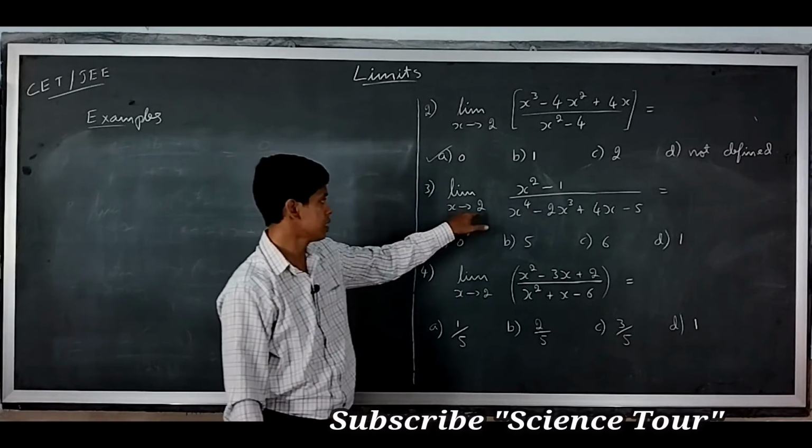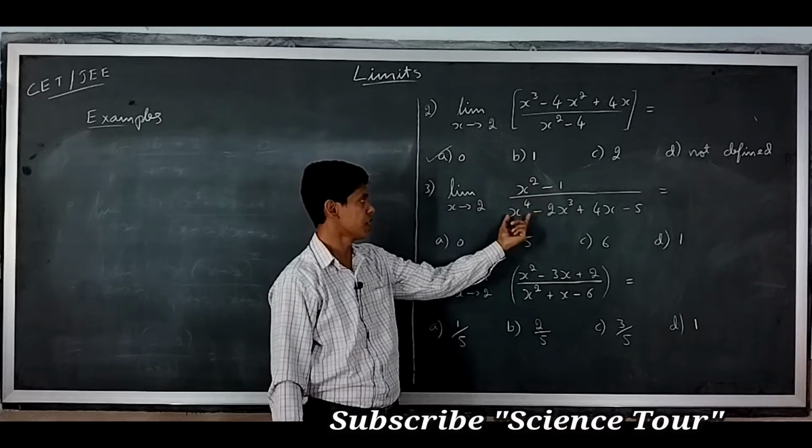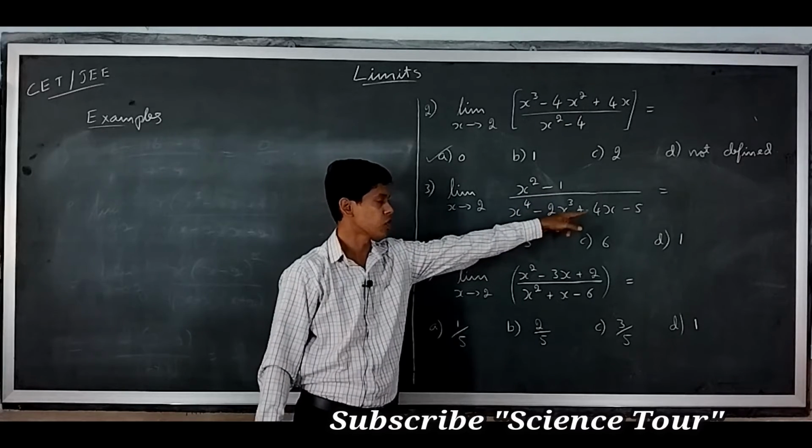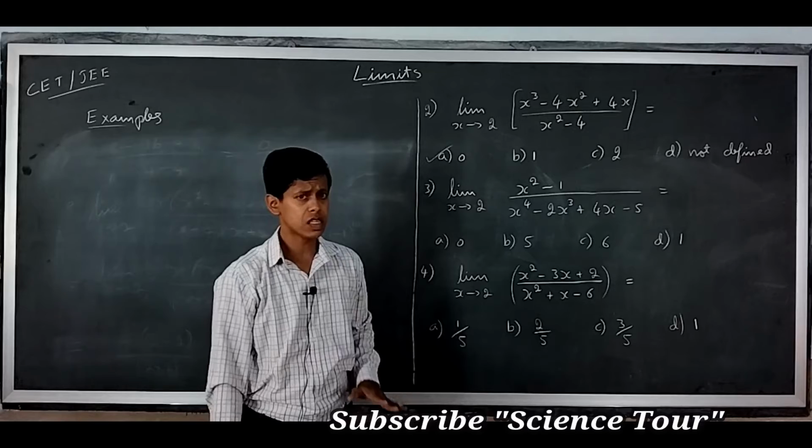Limit x tends to 2, x square minus 1 divided by x to the power 4 minus 2x cube plus 4x minus 5. Alright, so one thing you must remember.